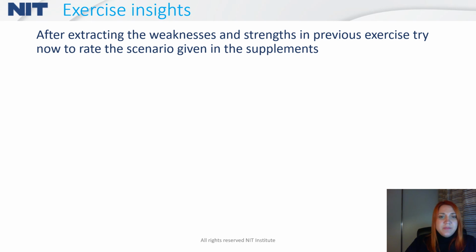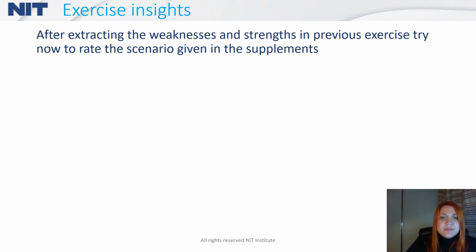Here are some exercise insights which I'm giving you before we start with the exercise. After extracting the weaknesses that you found in the scenario that I gave you in the previous exercise, now we want to rate the scenario and derive the capability levels of this process.